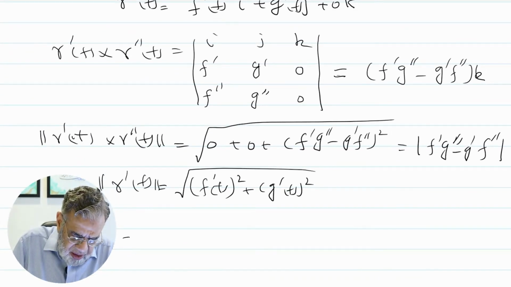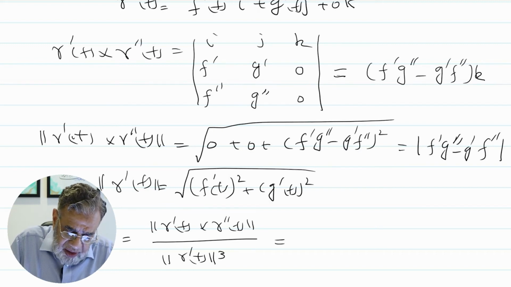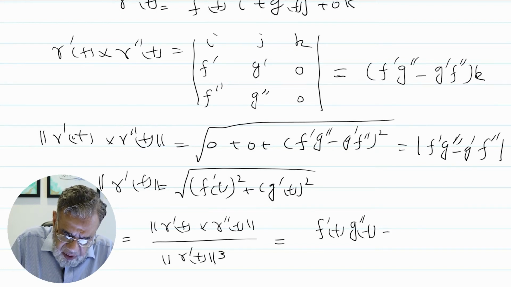The curvature is equal to the magnitude of r'(t) cross r''(t) over the magnitude of r'(t) to the power 3. The result is the magnitude of f'(t)g''(t) minus g'(t)f''(t).